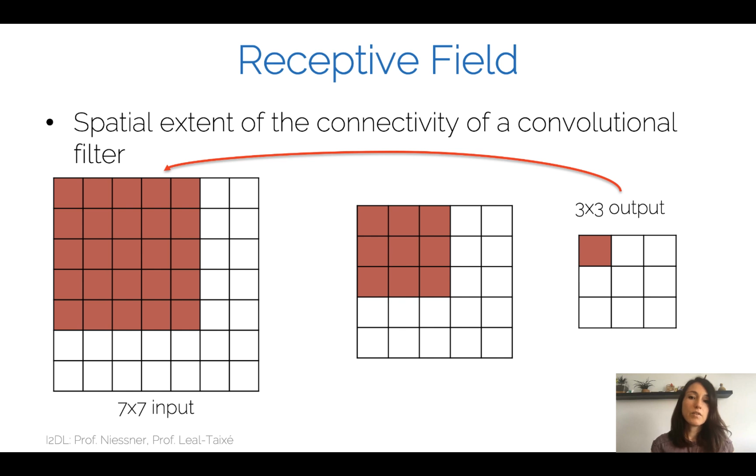And at the end of the previous lecture, we also discussed the concept of receptive field, which is the spatial extent of the connectivity of a convolutional filter. And it is really important to always have in mind what the receptive field is at a certain layer of a convolutional neural network, so that you have an idea of how much your filters are actually seeing from the original image.